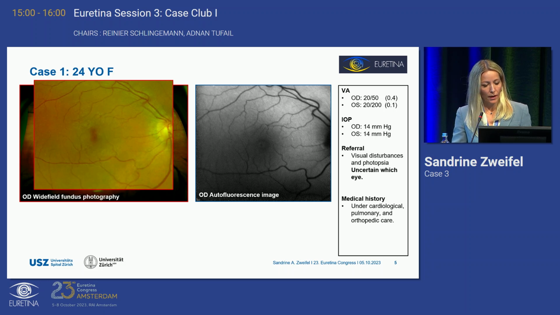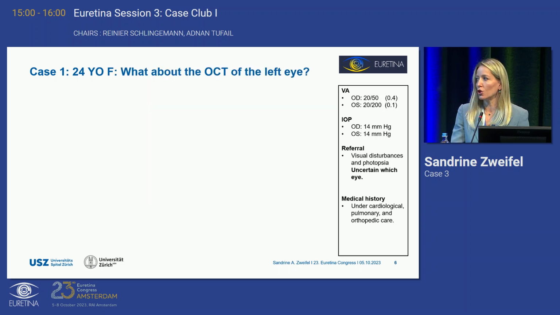And of course, at that stage, you would say, okay, well, what is going on with the left eye? Because the left eye has a vision of 20/200. So can you show me the OCT of the left eye?